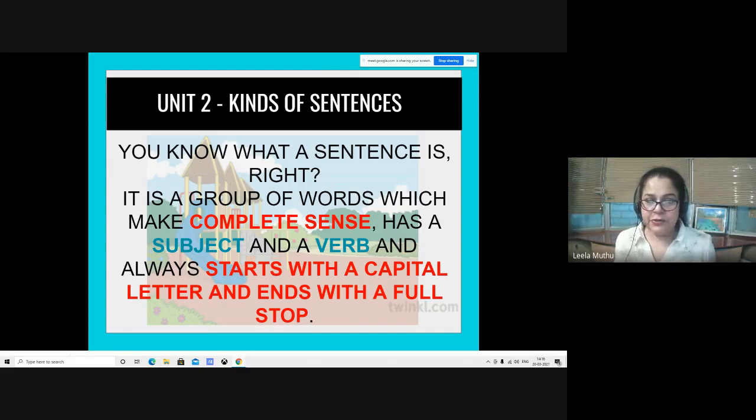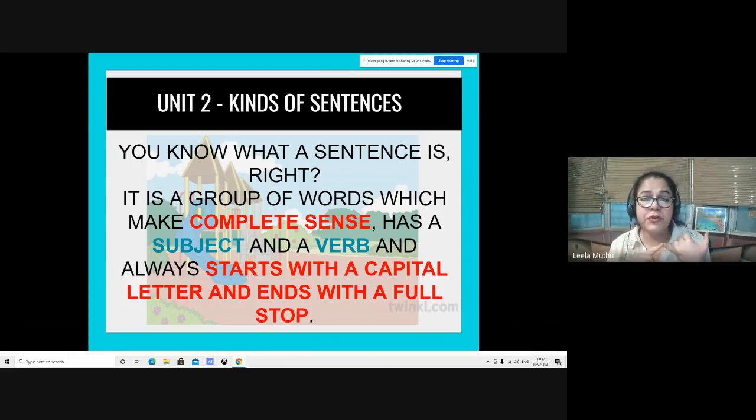Now we're going to start explaining the kinds of sentences. What you learned in the previous video, Unit 1, the sentence, was what a sentence is, and there are certain rules which describe a sentence perfectly.